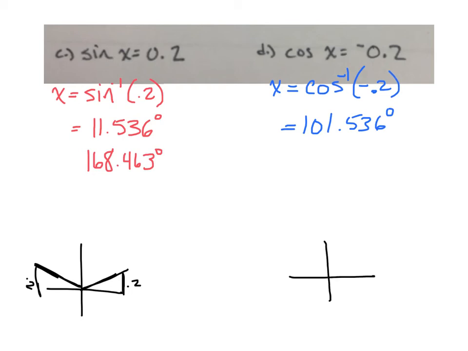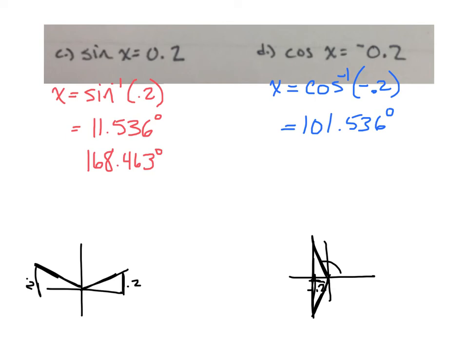So think about 101 degrees. That's right over here, in the second quadrant. That gives us a cosine that is negative 0.2. Which other quadrant has an angle measure that will give us a cosine of negative 0.2? That would be down here in the third quadrant.